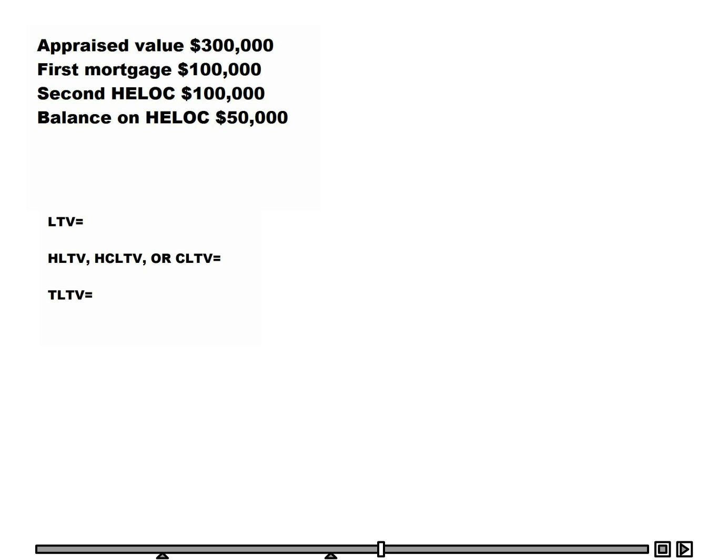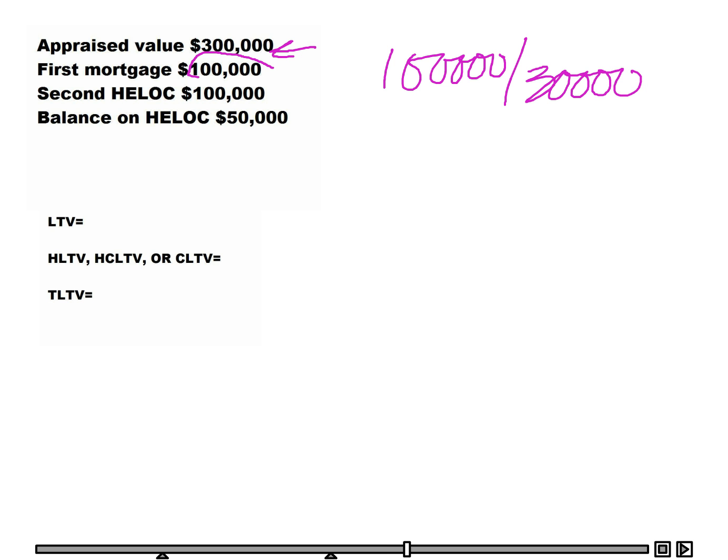In this case, we don't have a purchase price, so we're just going to use the appraised value, and our first mortgage is $100,000. So in order to figure the loan-to-value, we're just going to take the $100,000, divide that by $300,000, and that's going to give us a loan-to-value of 33%. So that's our loan-to-value calculation, so that part's pretty easy.